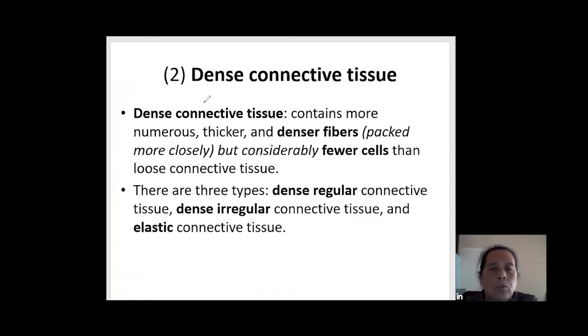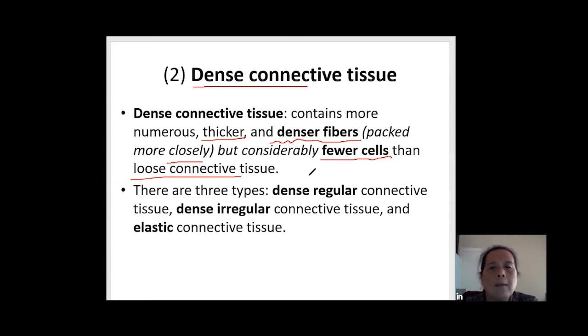The opposite of loose is dense connective tissue. Dense connective tissue generally has more fibers, connected to each other more closely and thicker, and also fewer cells compared with loose connective tissue.